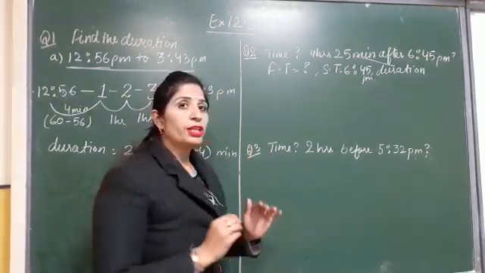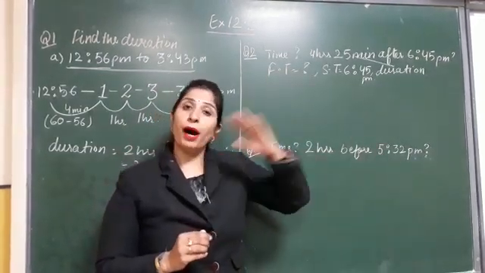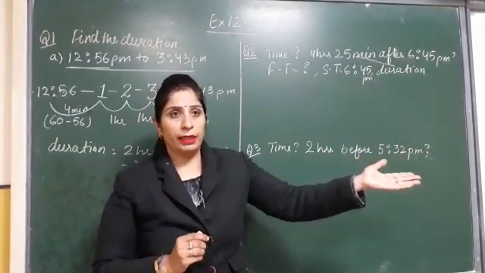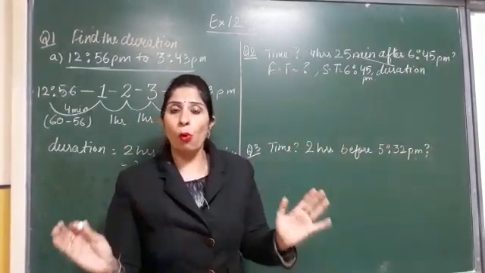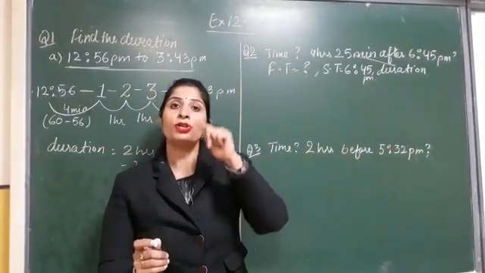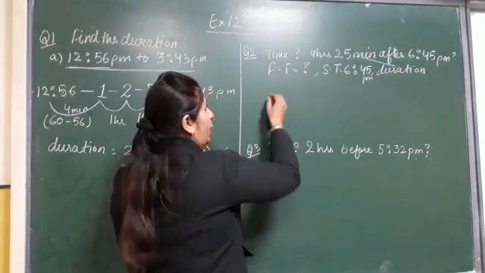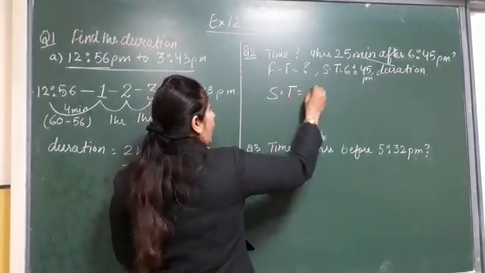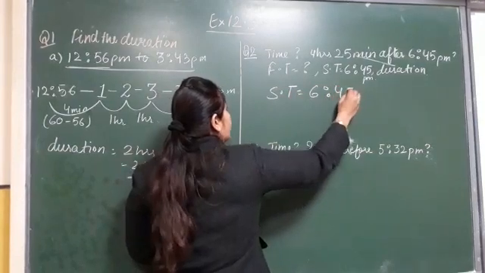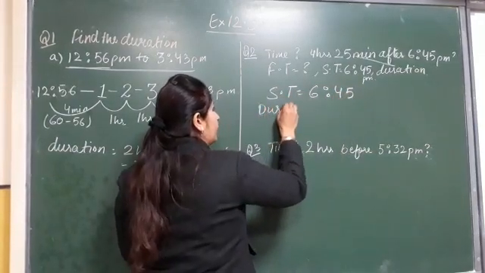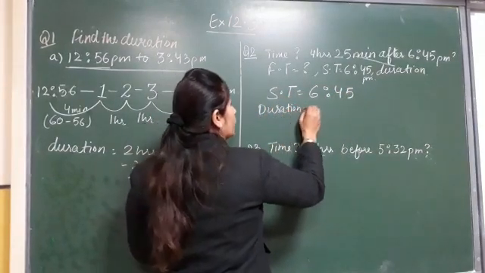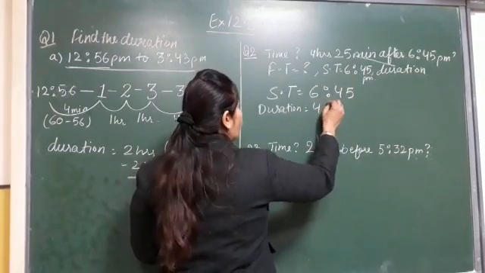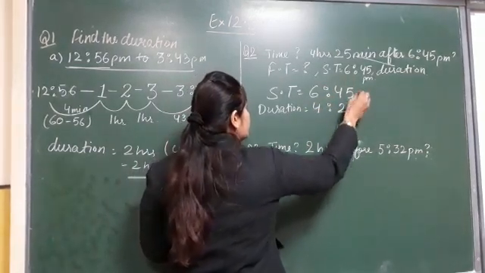As finish time is the after time, and it is always more than the starting time, to find the finish time we will always add the duration to the starting time. What is the duration? That is 4 hours 25 minutes.